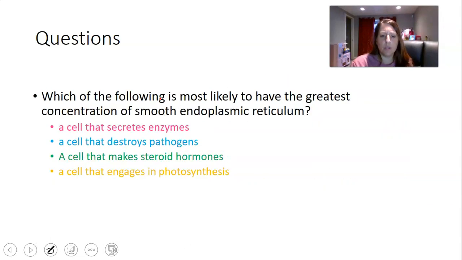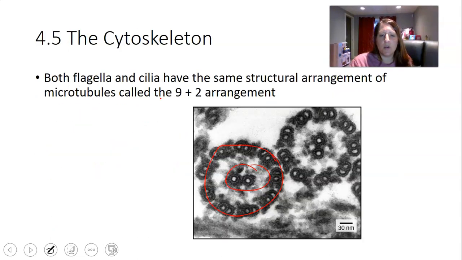Next question. Which of the following is most likely to have the greatest concentration of smooth endoplasmic reticulum? A cell that secretes enzymes, a cell that destroys pathogens, a cell that makes steroid hormones, or a cell that engages in photosynthesis? We have to go back here.